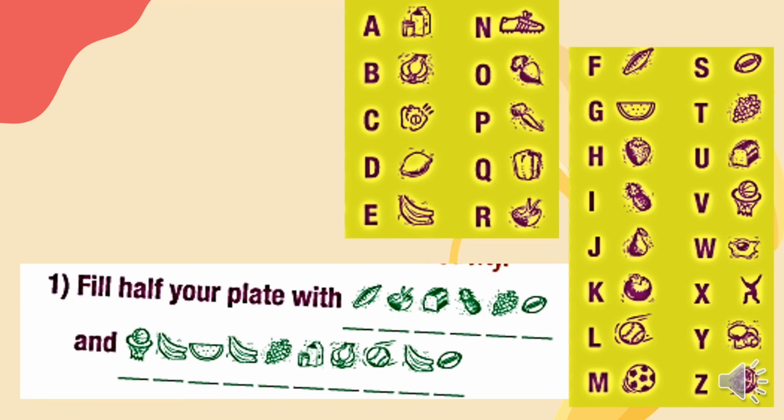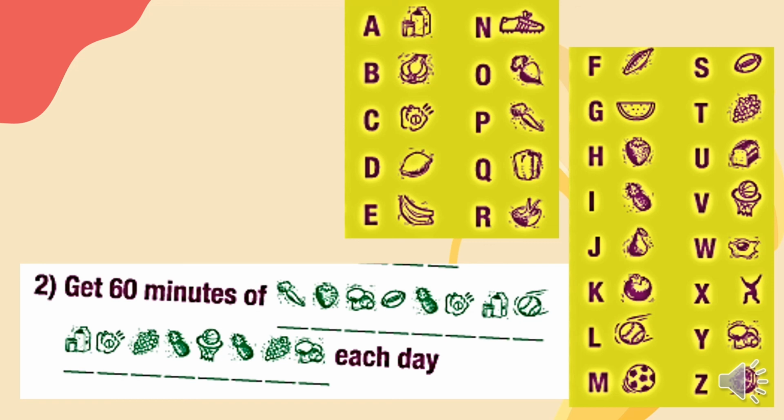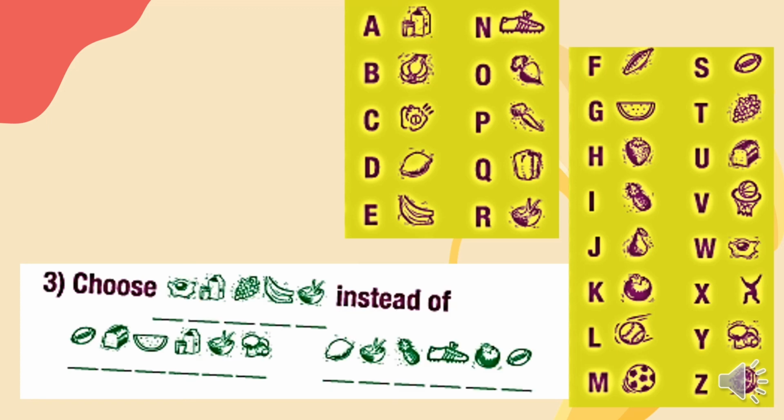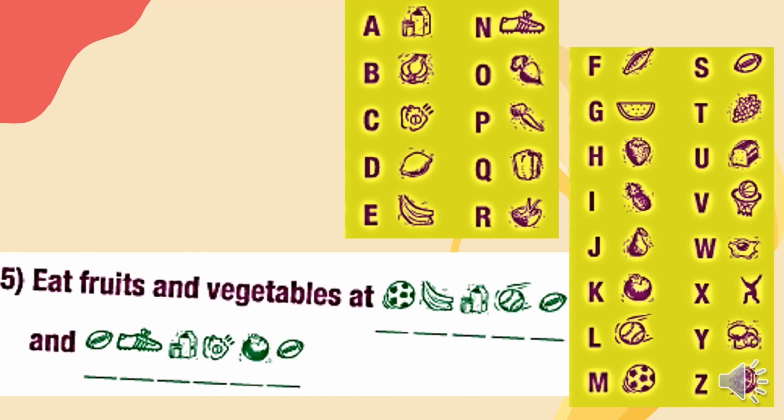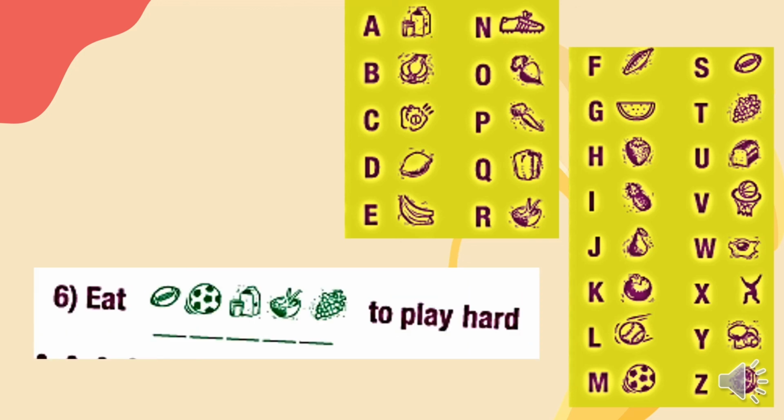I know it's not clear enough, but I think it's better than the previous one because I've enlarged the picture. So you can try and do this. We will check the answers next day. You have 6 questions.